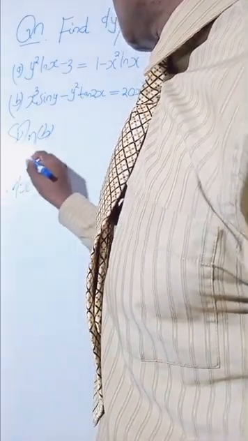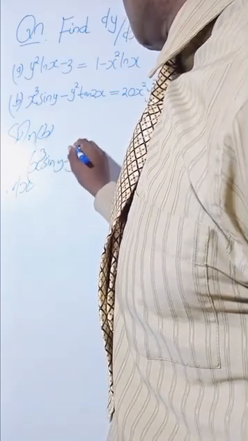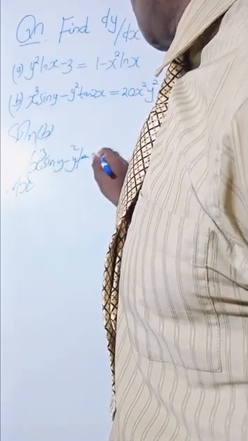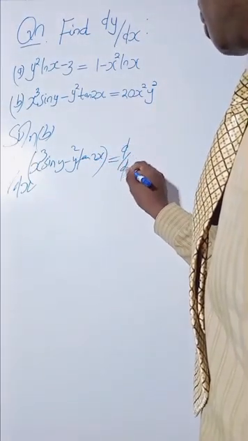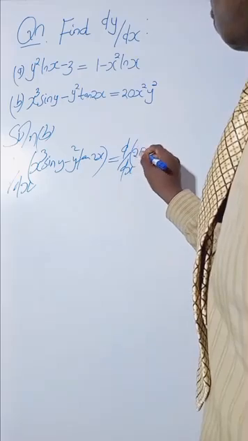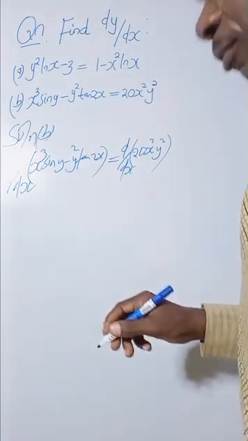with respect to x of x cubed sine y minus y squared tan 2x, this one is equal to the derivative with respect to x of 20x squared y squared.